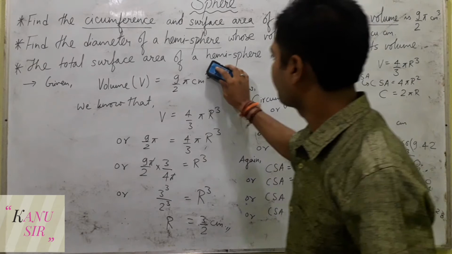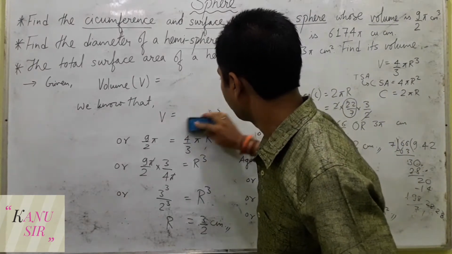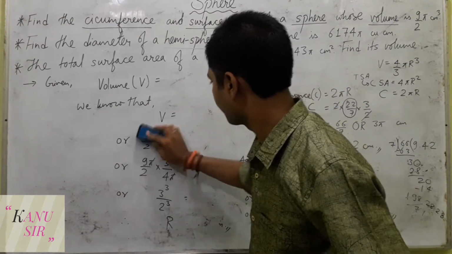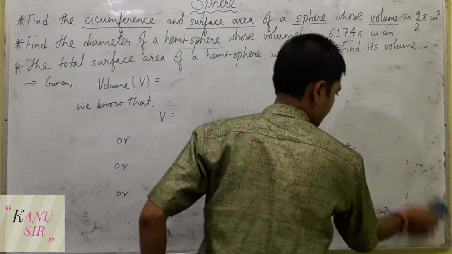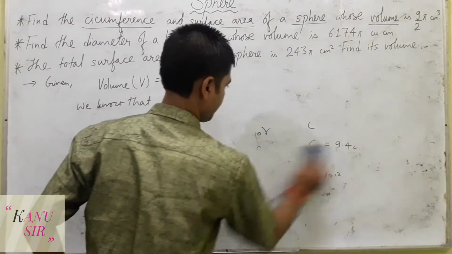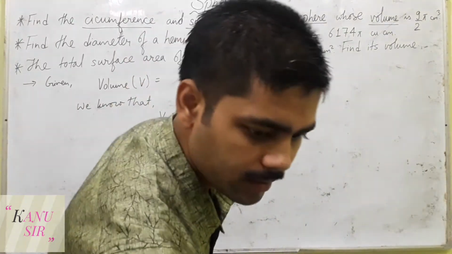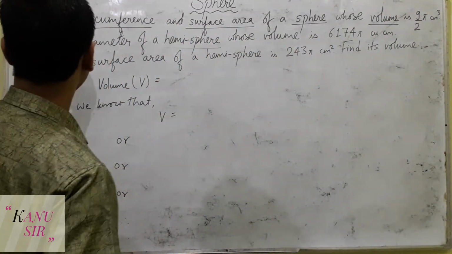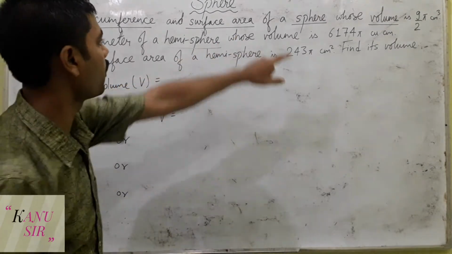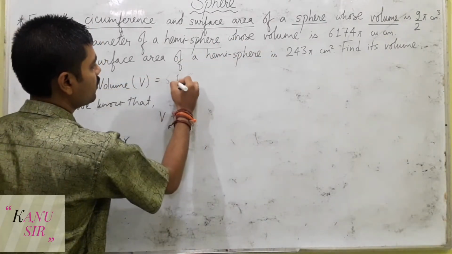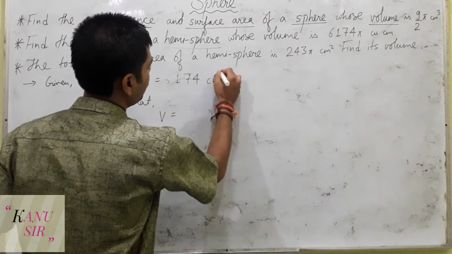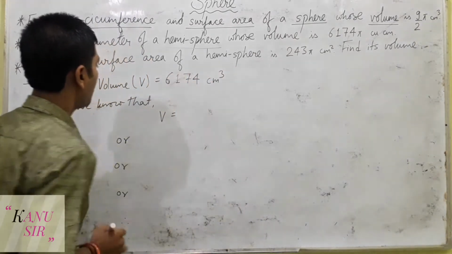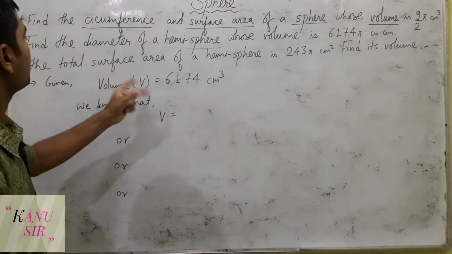Let's erase and write just the data given. The volume given is 6174 pi centimeter cube. After that, we need to find the diameter.